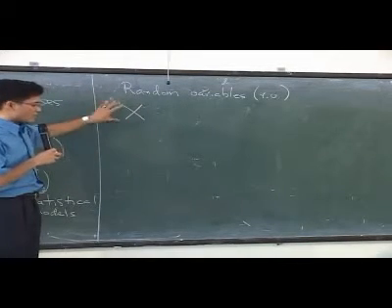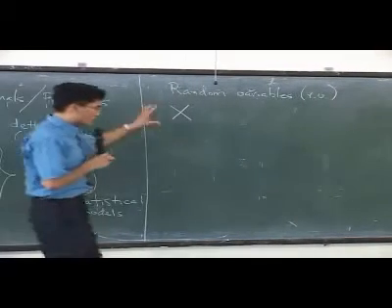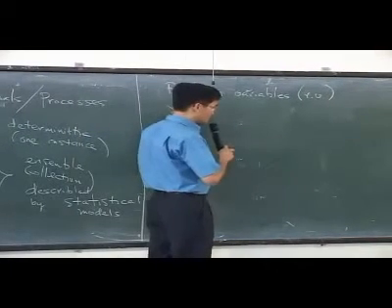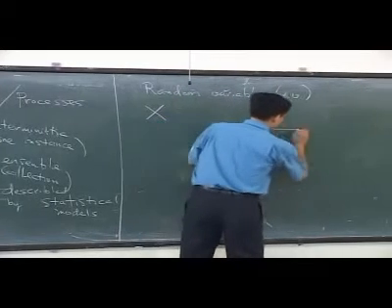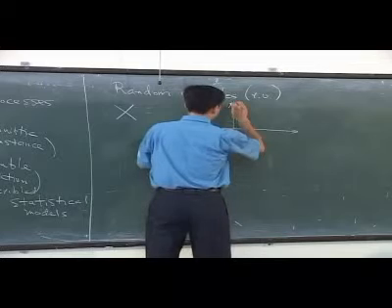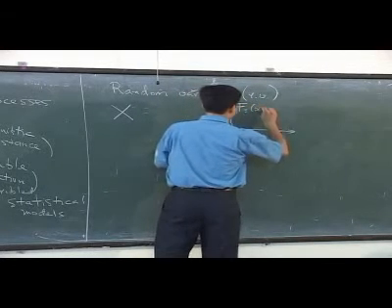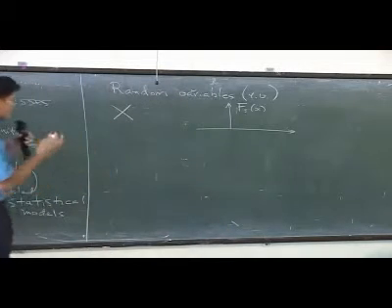So this random variable, I don't know exactly what its value would be, but I'm going to describe it using a function F_X(x).